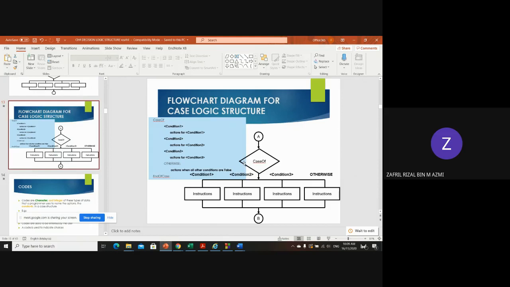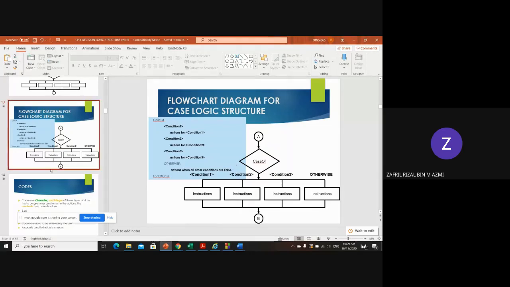Let's say we have 4 conditions, meaning how many symbols are we going to use? How many was it? If there are 4 conditions, then you need to minus 1, right? So the number of decisions is going to be 3.